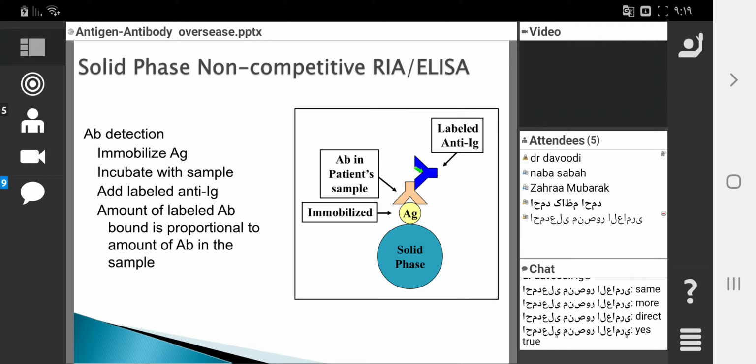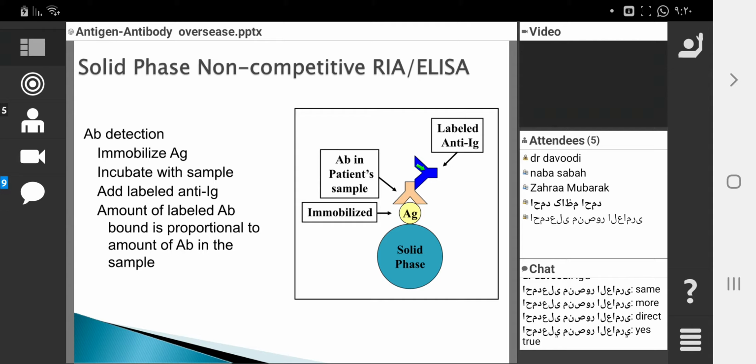After that, we add labeled anti-immunoglobulin. Anti-immunoglobulin means an immunoglobulin which can detect human antibody. Consider here this blue antibody, which is the secondary antibody.